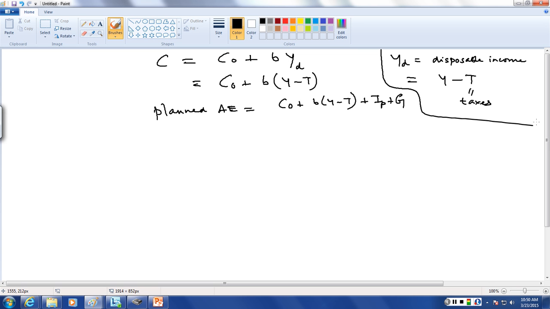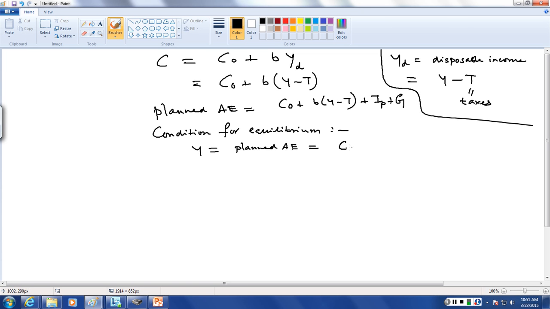Now once again, condition for equilibrium is that Y is equal to planned aggregate expenditure.